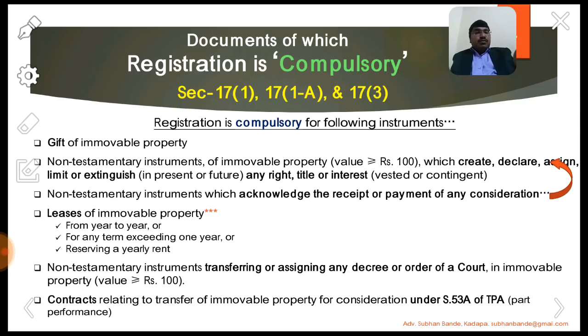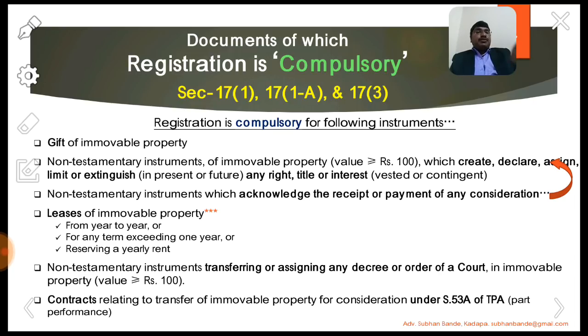Non-testamentary instruments of immovable property whose value is more than 100 rupees, which create, declare, assign, limit or extinguish, in present or future, any right, title or interest. The interest may be vested or contingent. Every gift of immovable property should compulsorily be registered.